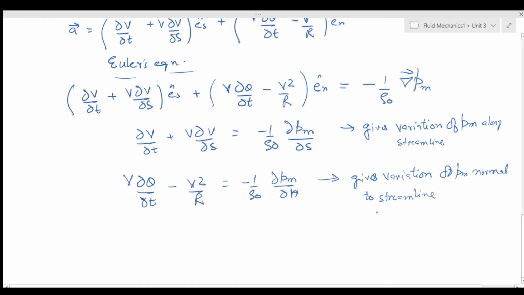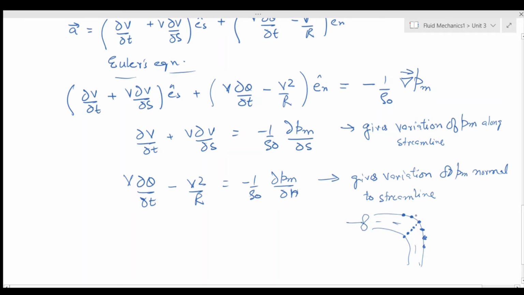So the rectangular bend experiment is something like this, that you have a rectangular bend, and you know, there is air being blown. This is the fan, air is being blown here, and you have pressure tappings along the radial direction, and then you have pressure tappings along the streamline direction.